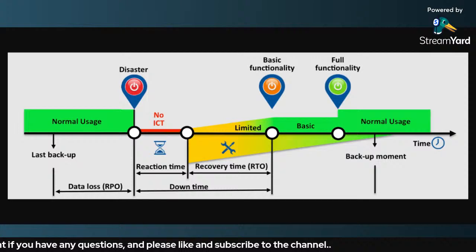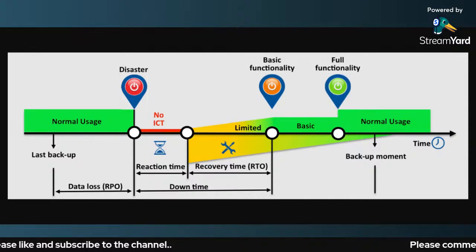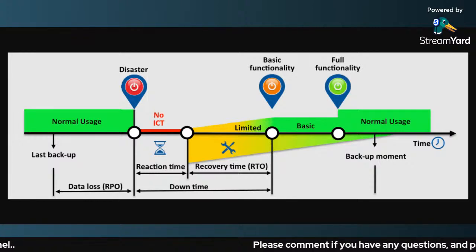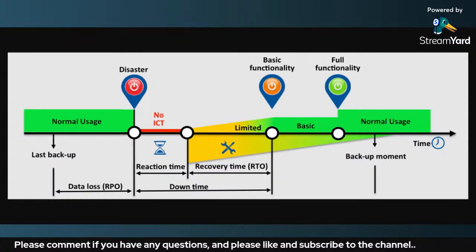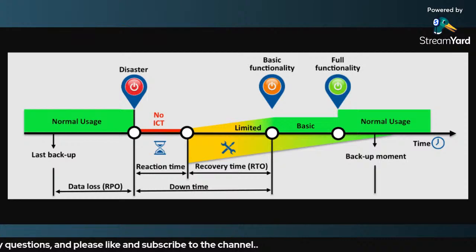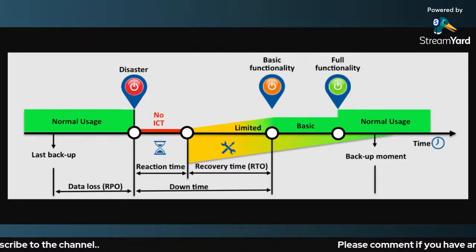Let's say you have taken the last backup 2 hours ago, and after 2 hours the disaster has occurred. So you will lose the data between the last backup and the disaster. What can you do in order to minimize this situation? You can increase the backup frequency.